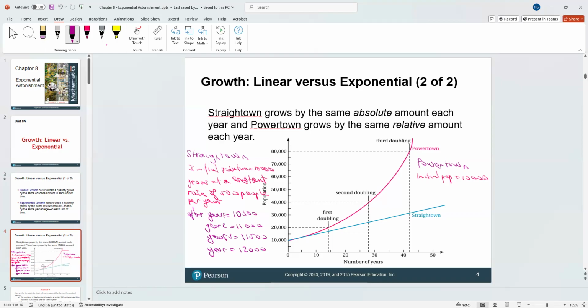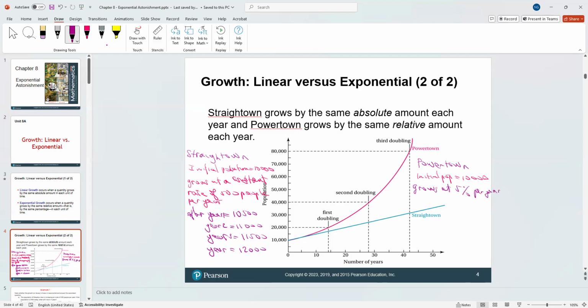But suppose on the other side, for Power Town, instead of adding 500 people every year, the population grows at a constant rate of 5% per year.